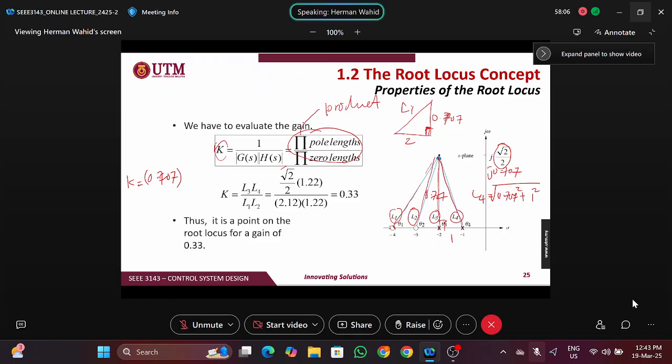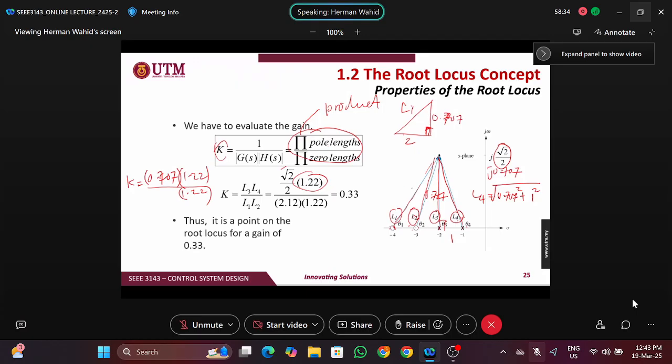You can write it, this is the value, 1.22. Okay, followed by L2, also similar to this L4 because it is at the symmetry position. So L2 is also 1.22, and L1 we need to calculate.